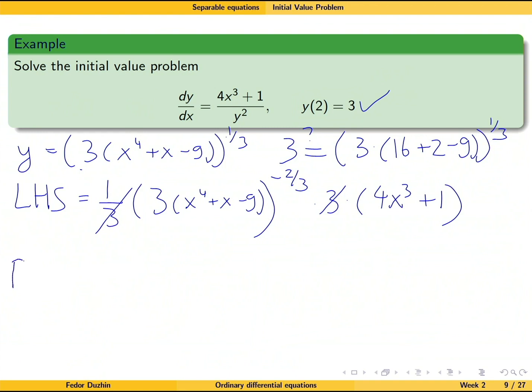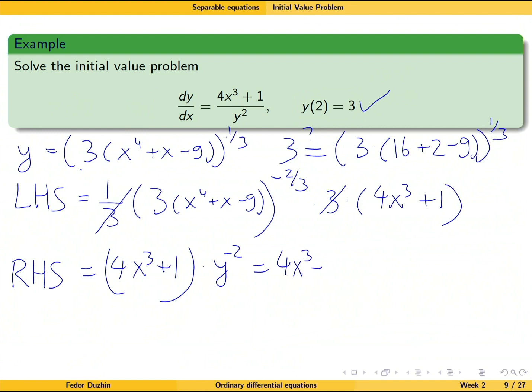Now, the right-hand side. The right-hand side is really 4x cubed plus 1 times y to the power minus 2. So 4x cubed plus 1 times, where is our y?